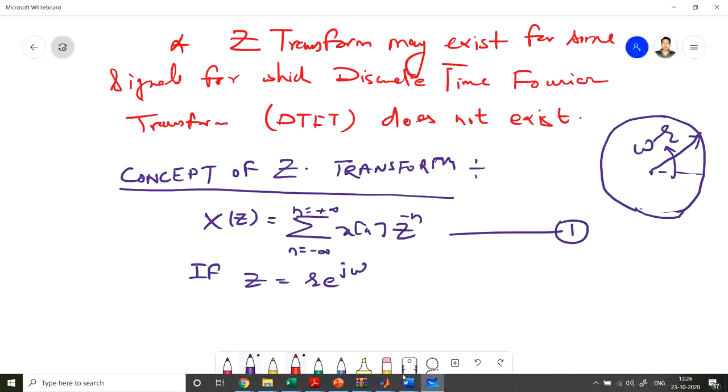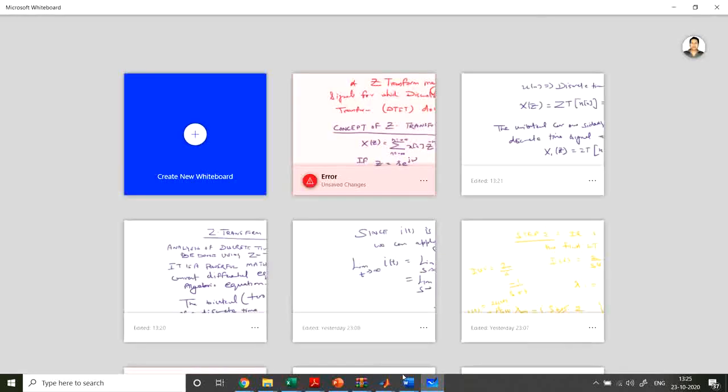Because z is basically a complex symbol, we can represent it in this polar form.